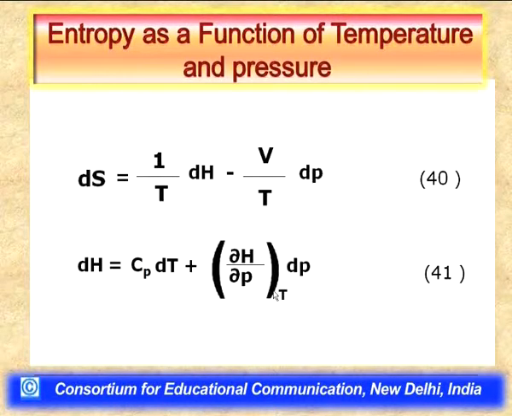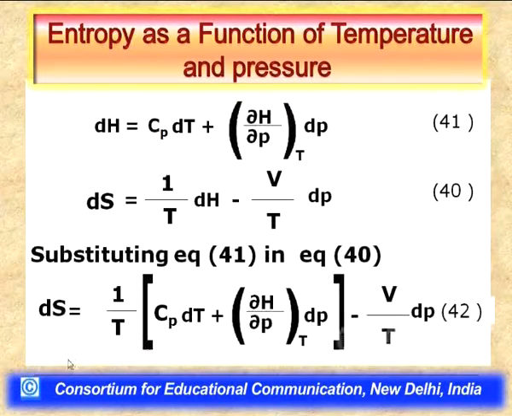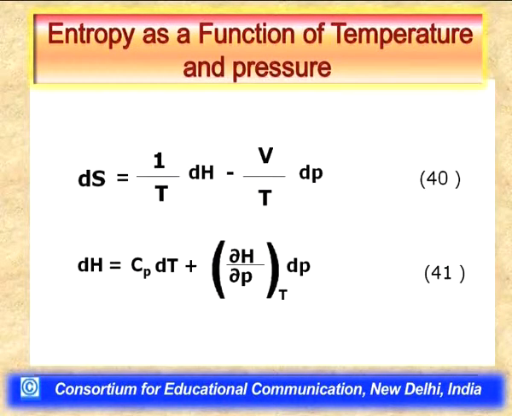There we derived this, the way we have just done for internal energy. So we can substitute equation 41 in this modified fundamental equation of thermodynamics, that is equation number 40.